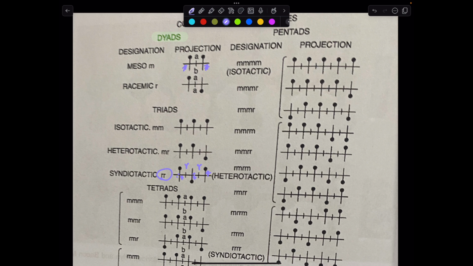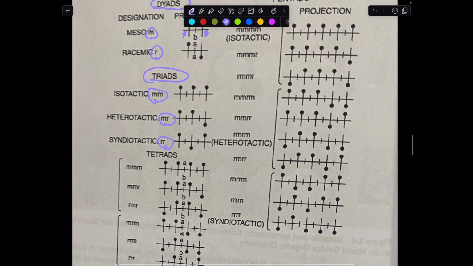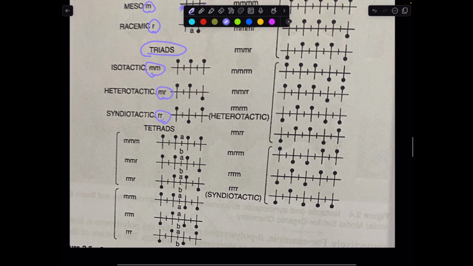So RR. We can see that for dyads, we can have two variations, meso and racemic. For triads, we can have three different variations, meso-meso, meso-racemic, and racemic-racemic.